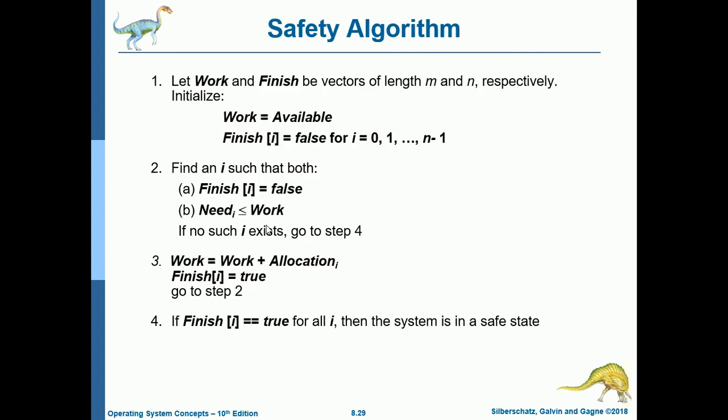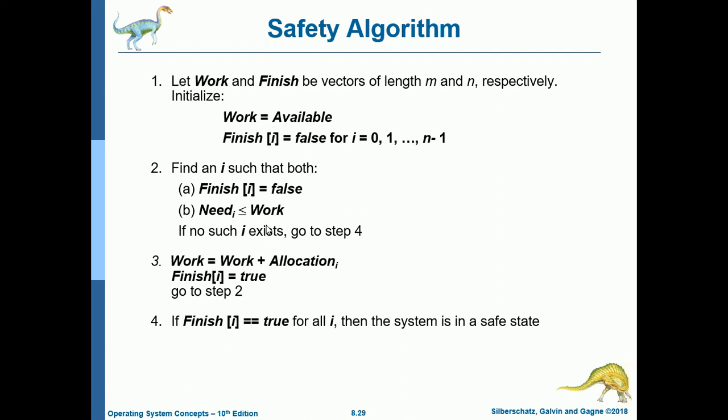So the safety algorithm for the banker's algorithm: let Work and Finish be vectors of length m and n respectively. Initialize Work equal to Available, then Finish[i] equal to false for i equal to 0 up to n minus 1. Find an i such that both Finish[i] is equal to false and Need sub i is less than or equal to Work.